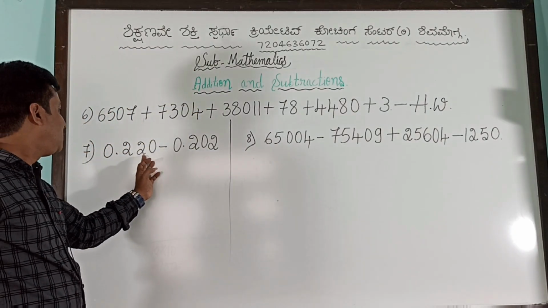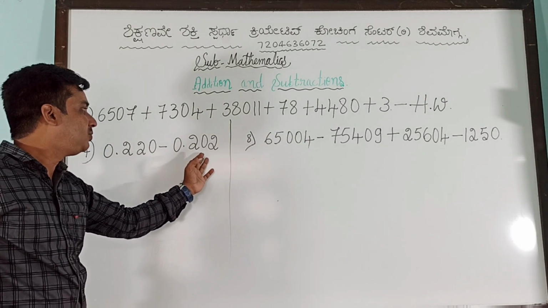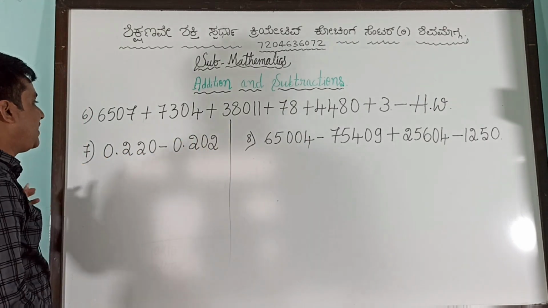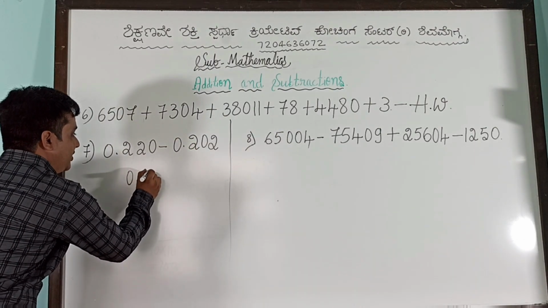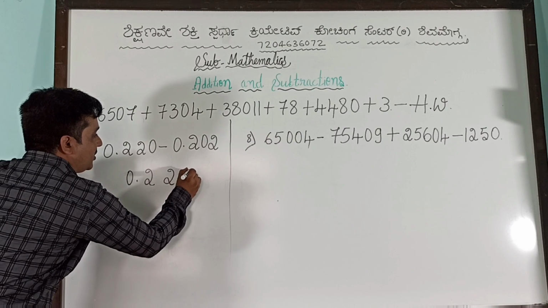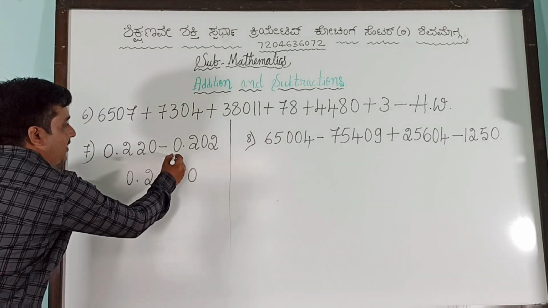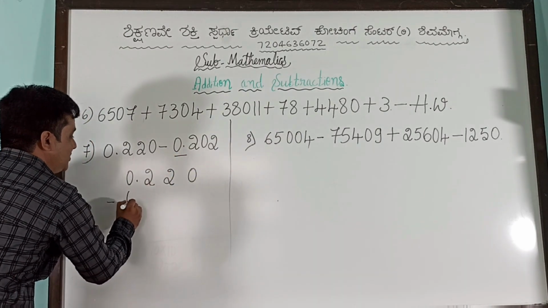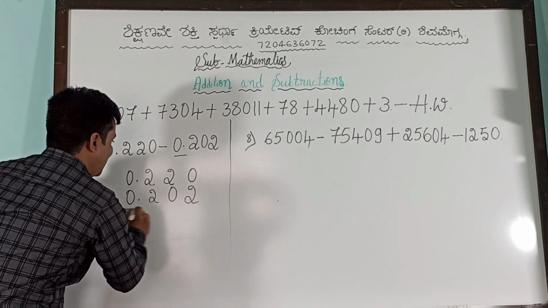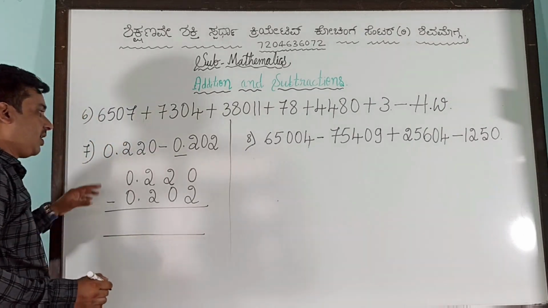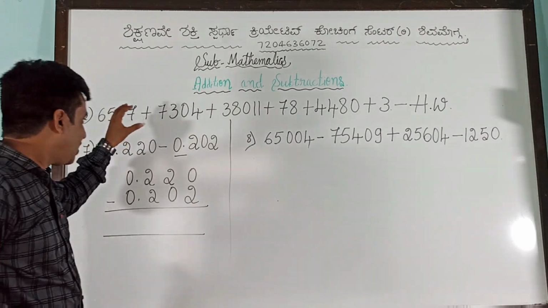Here, see, 0.220 minus 0.202. Let's write this according to the place. See here, 0.220. Then subtract from this, minus 0.202. We have written the numbers as they were given, according to their place.